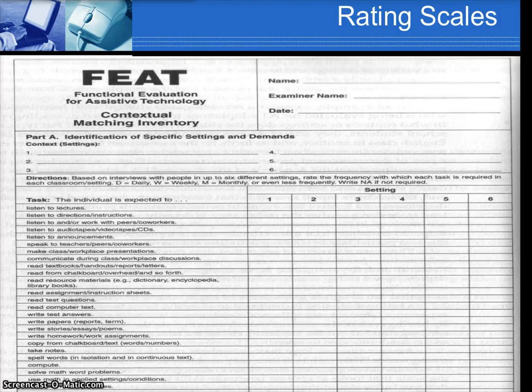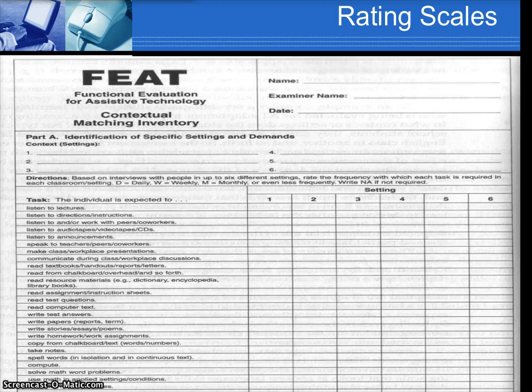So directions, based on the interviews with people in up to 6 different settings, rate the frequency with which each task is required in each classroom: daily, weekly, monthly, or even less frequently. Write any if not required. So listen to lectures. In column 1, I put in D for daily. Listen to directions and instructions, D for daily. Listen to works with peers and coworkers.